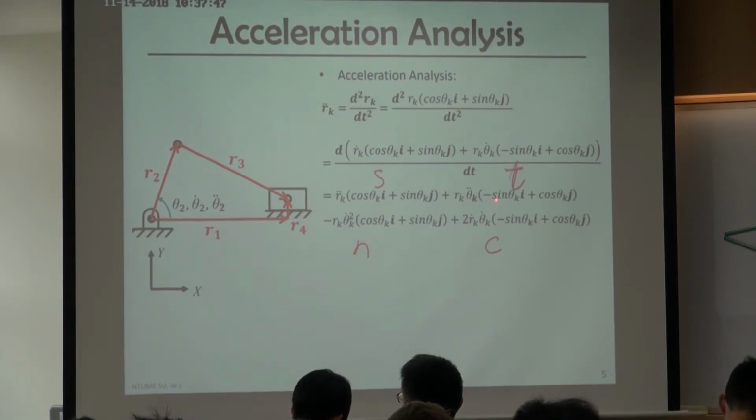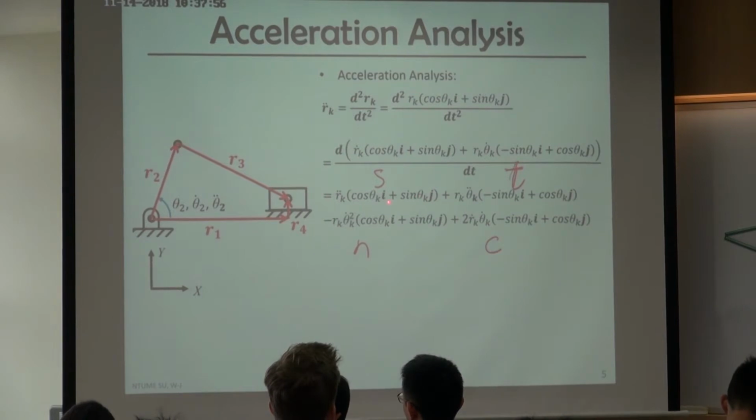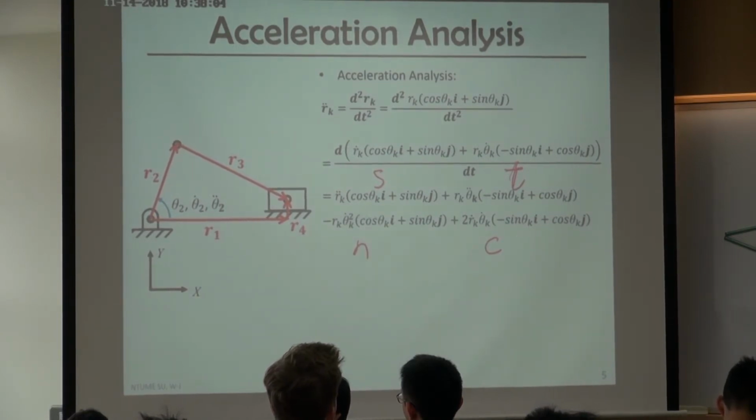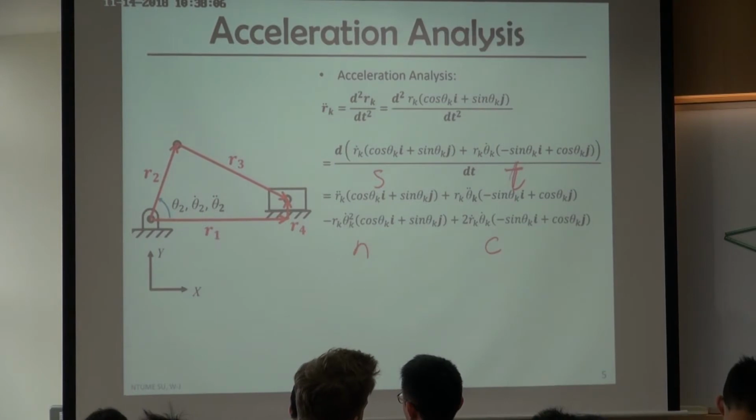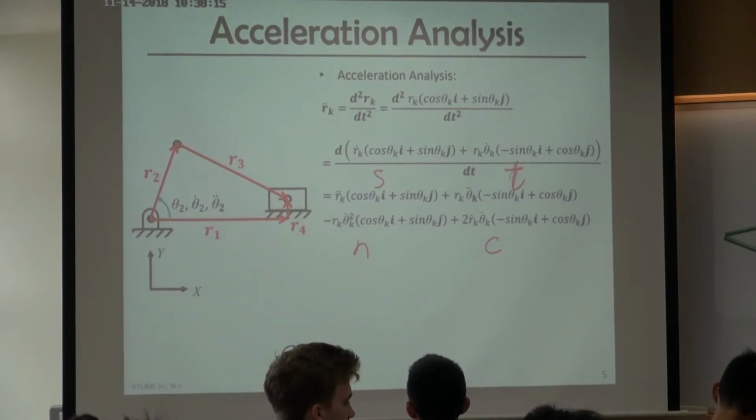If r is constant, then the sliding term will be 0 because it is the time derivative of r, and the Coriolis term is also going to be 0. So it just depends on your case. These four terms may not always exist; it depends on how the vector is defined.